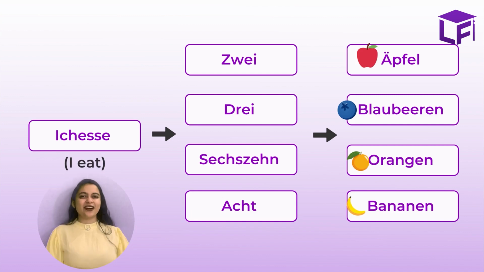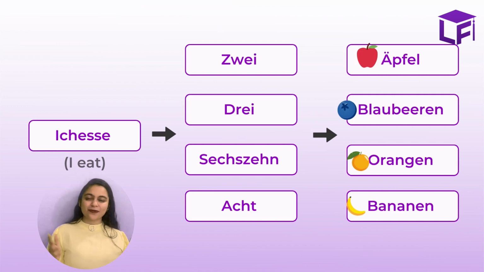Any choice, okay? Your wish. Let's go ahead. In the first sentence, try to form it. So, we can begin the first sentence by saying Ich esse 2 Äpfel. Ich esse 2 Äpfel, which means I'm eating 2 apples.